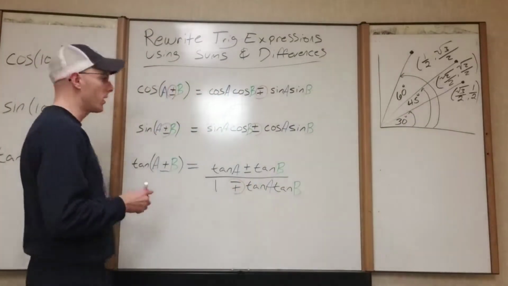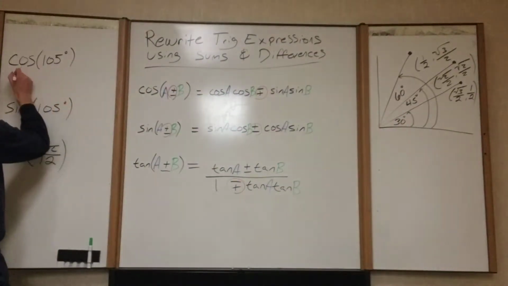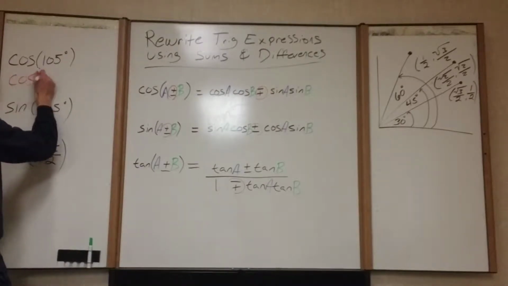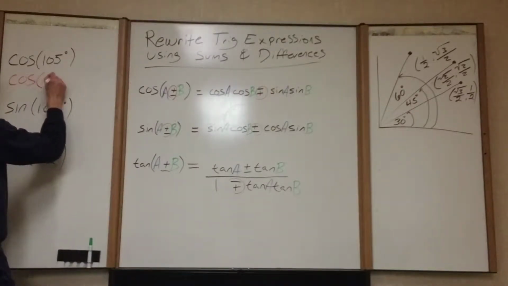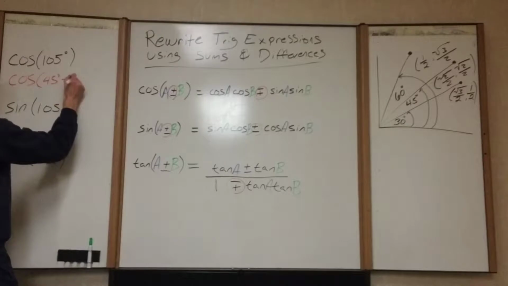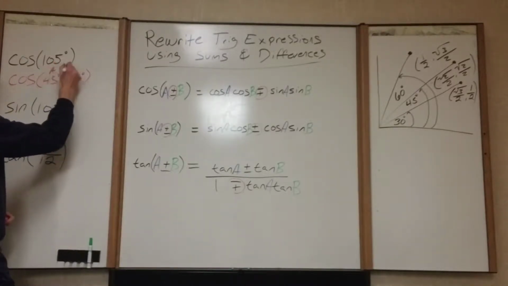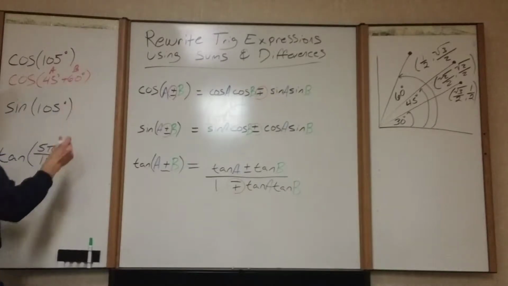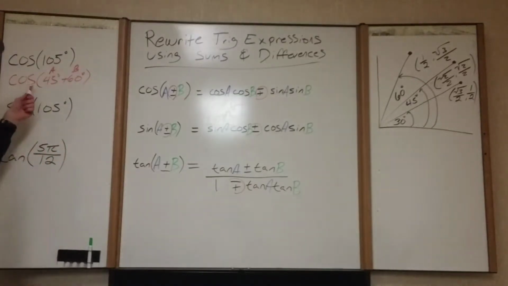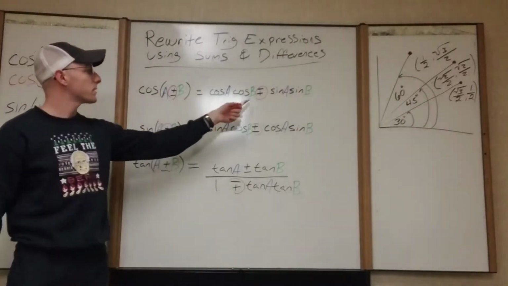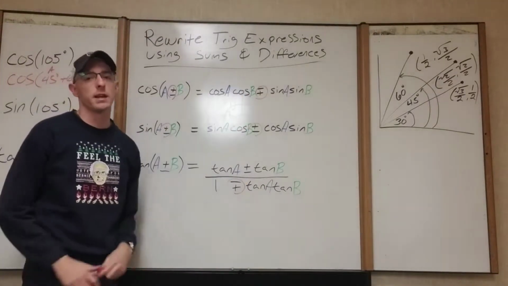So we'll rewrite this as the cosine of 45 degrees plus 60 degrees. This will be your A value, and 60 degrees will be your B value. So you will then plug those into this formula here to find that exact value.